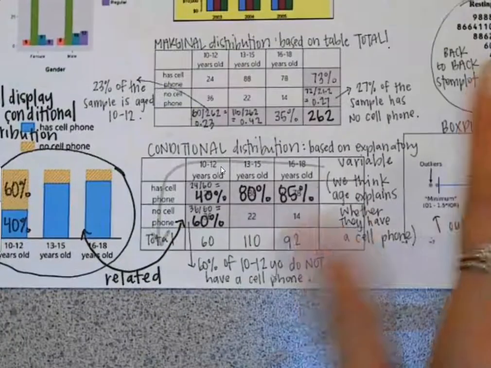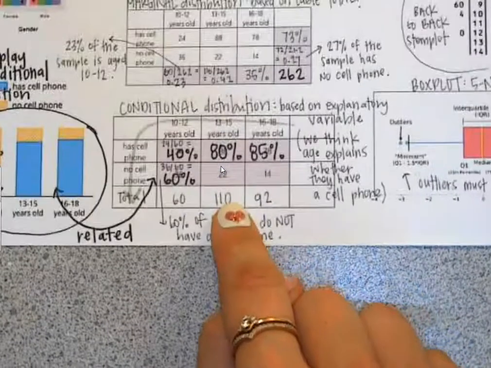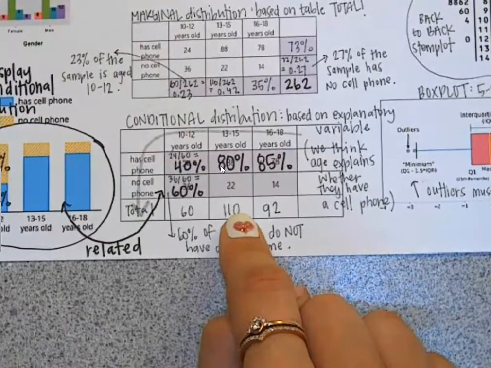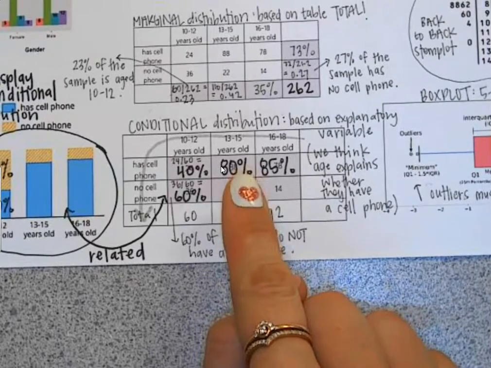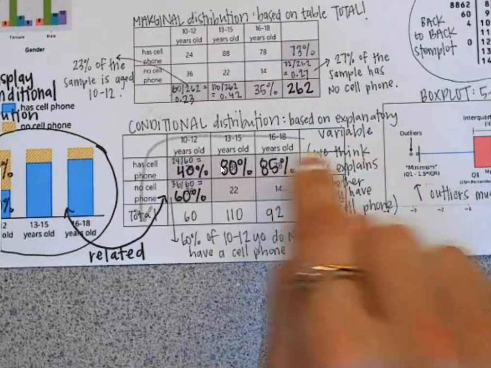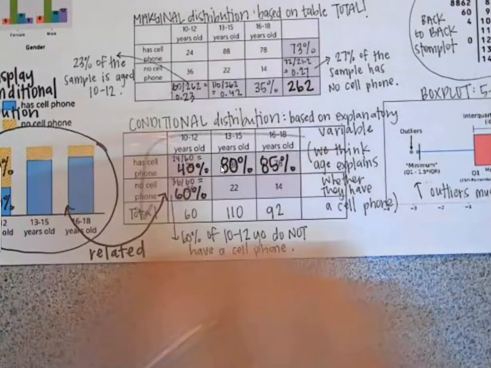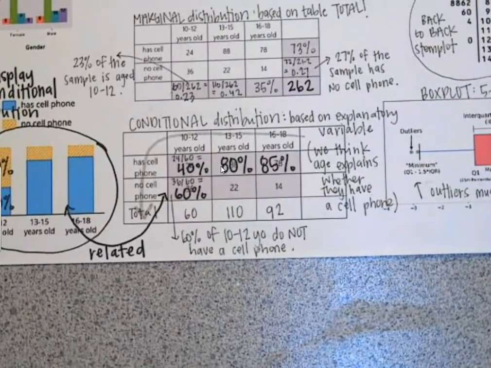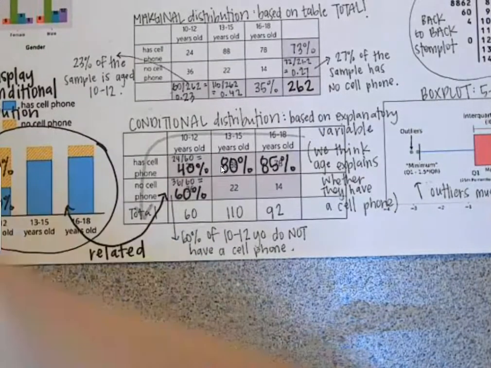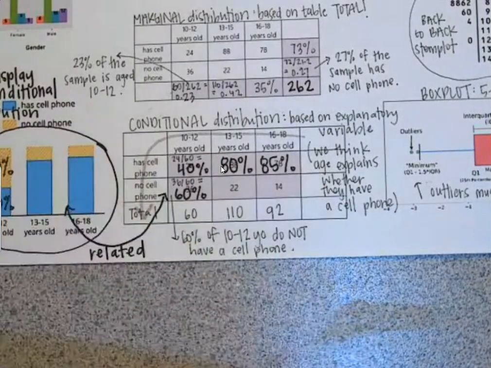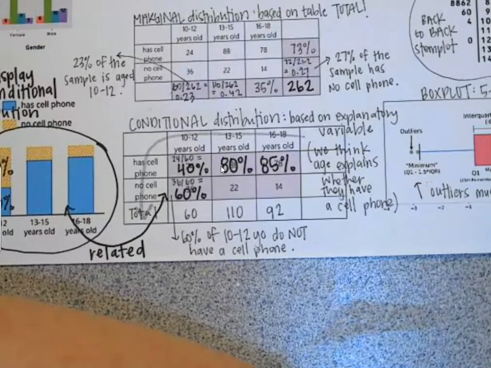Then a conditional distribution is the inside of your table, and it's usually based on the explanatory variable. So if I'm looking at this two-way table and my two categories are age group and whether or not they own a cell phone, your age group will affect whether or not you have a cell phone.